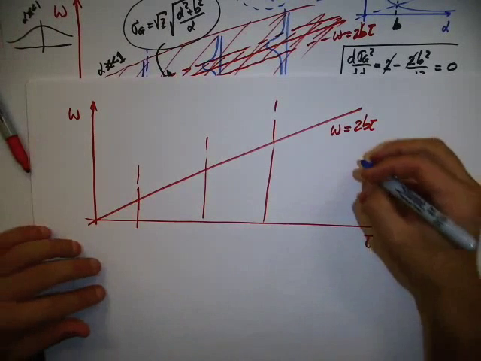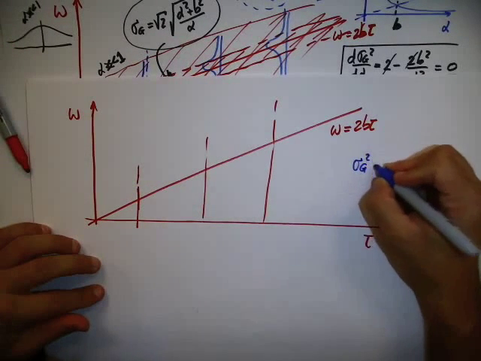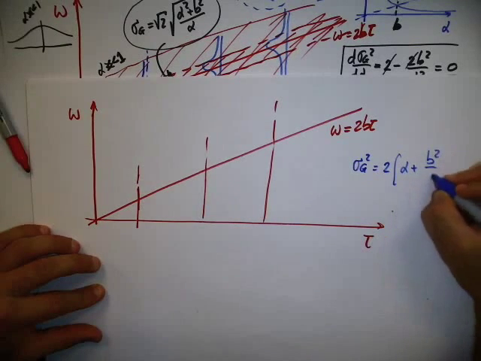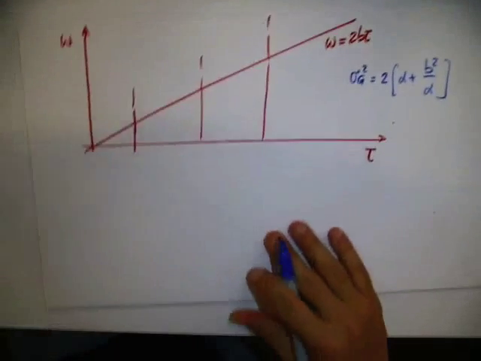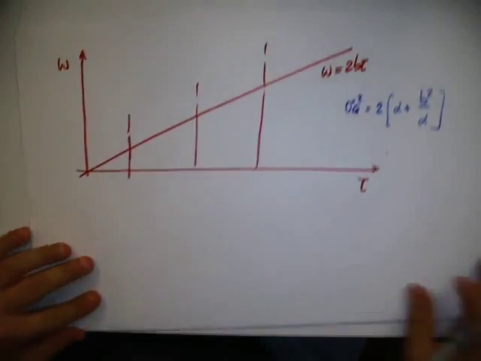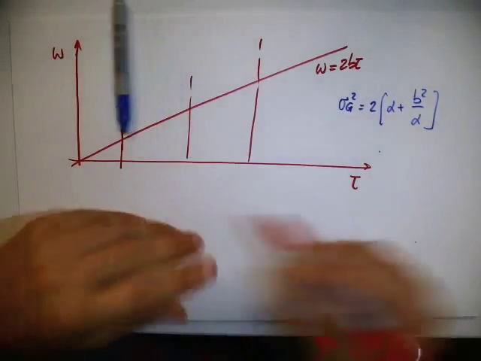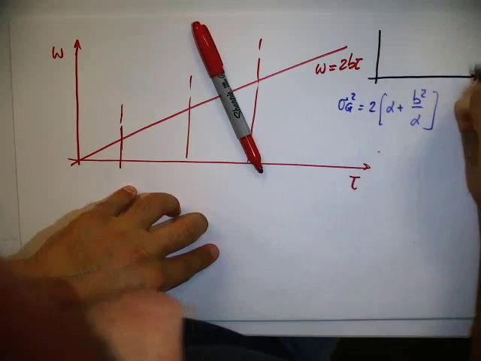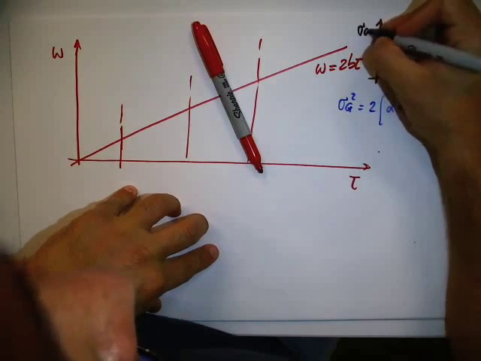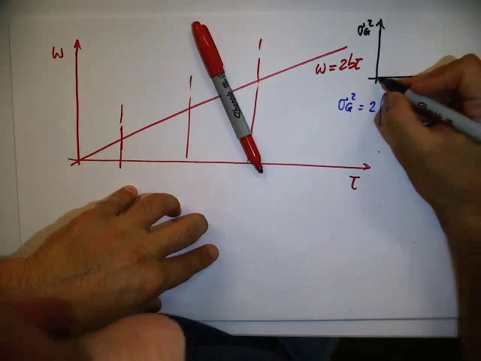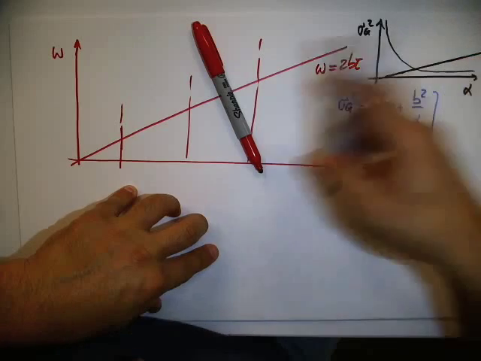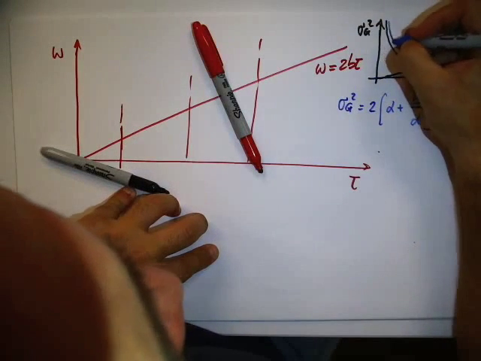The spread is governed by this equation, 2 times alpha plus beta squared divided by alpha. And that's what we need. So this is enough. When we plot this quantity, sigma g squared with respect to alpha, there is a linear variation, a decay, and then you get this.